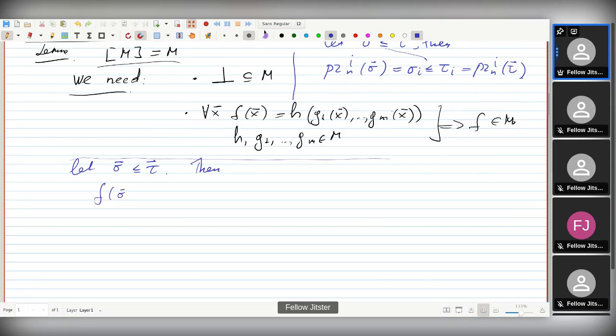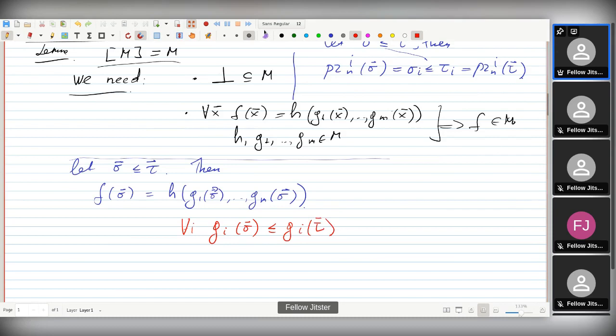Then what is f of sigma? F of sigma is h of g1 of sigma, and so on. But every such value is less or equal than the respective value at tau.